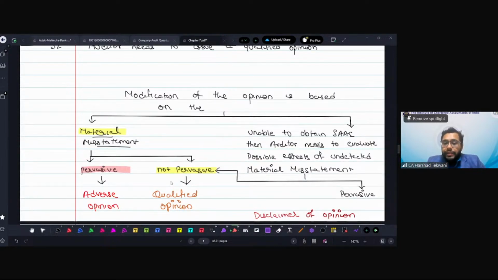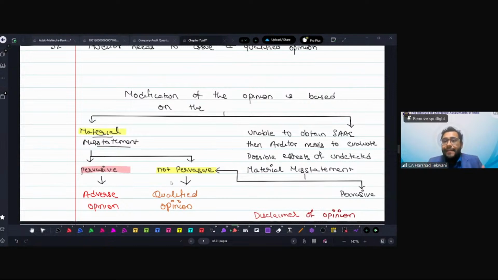Now comes the disclaimer of opinion. If I am not able to get sufficient and appropriate audit evidence to evaluate the possible effects of undetected material misstatement. When you have a material misstatement, it is either qualified or adverse.